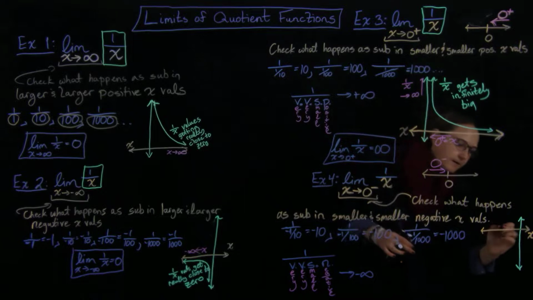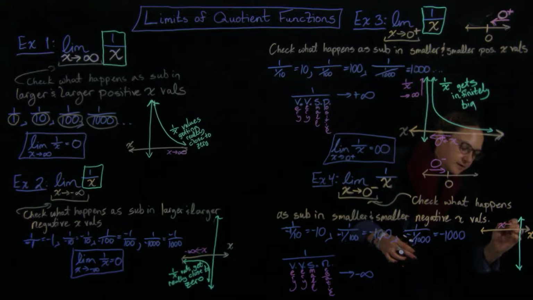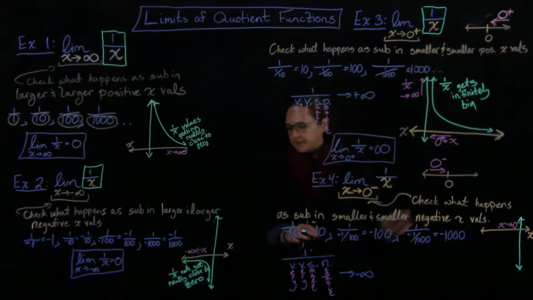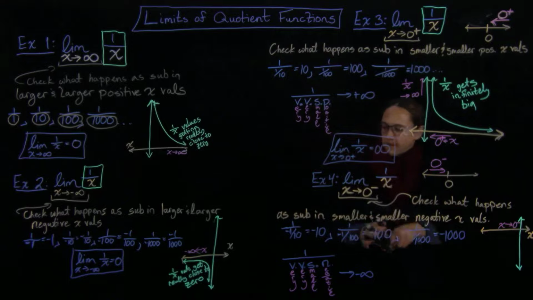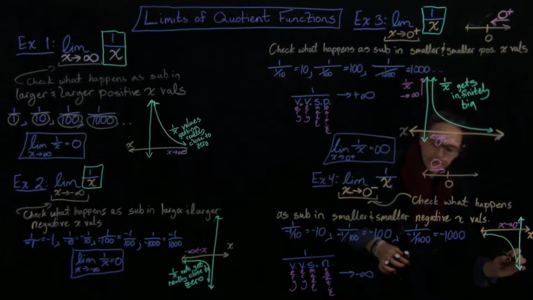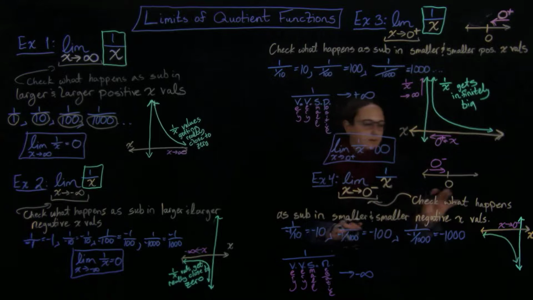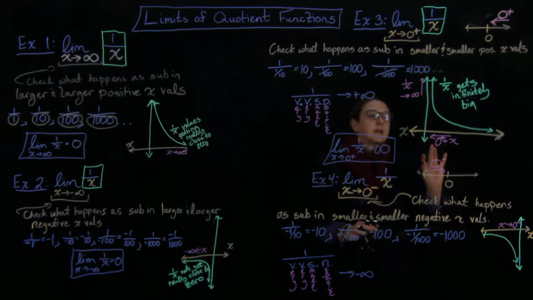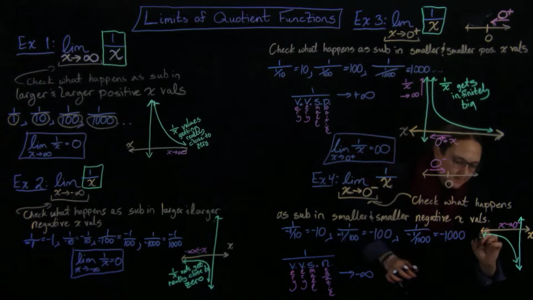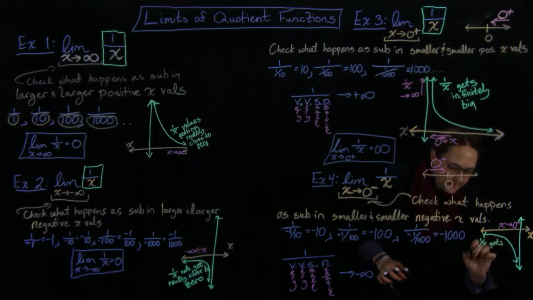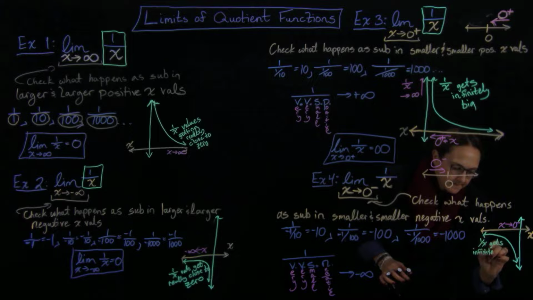And now our x is approaching 0 from the left-hand side, so we put the 0 minus there, and our 1 over x values are going to get infinitely big negative, right? So 1 over x gets infinitely big, but negative.